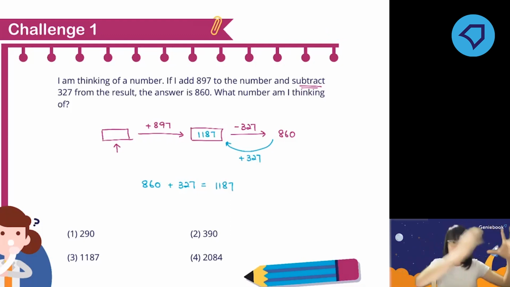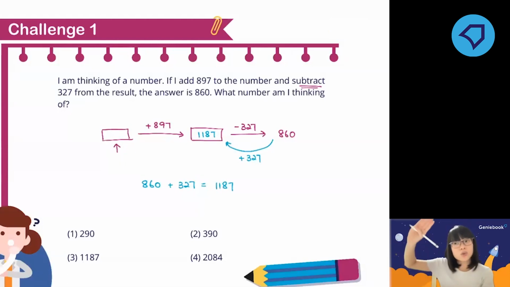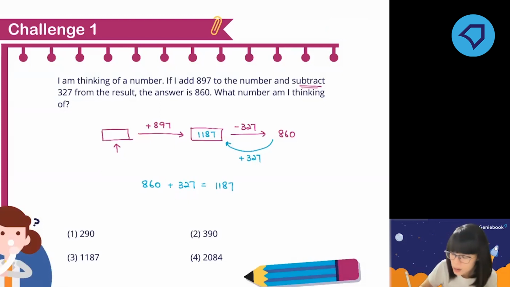So this number here is 1187. So something plus 897 must give me 1187. So in order for me to find this missing number, I need to work backwards, correct? So we need to do our subtraction. This is what we call working backwards.